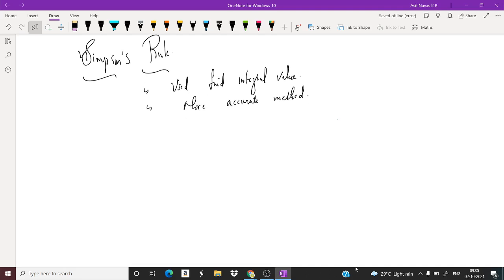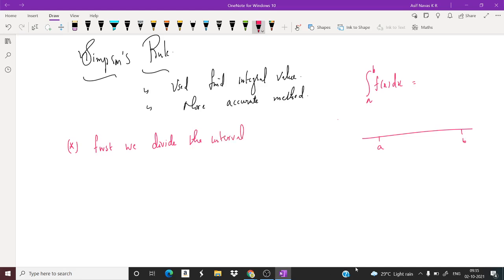One of the important things is, if we have to integrate the integral a to b f of x dx, that is interval a to b, first note this important point: we divide the interval a less than x less than b into an even number of equal subintervals.